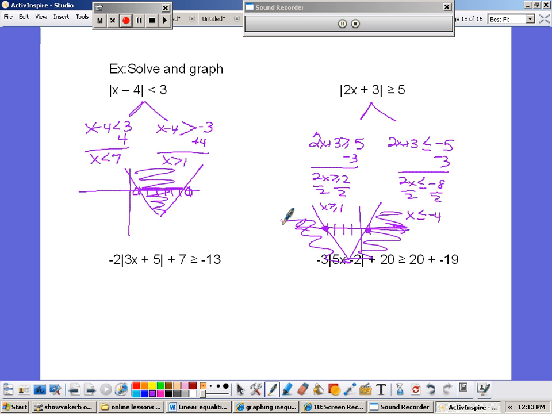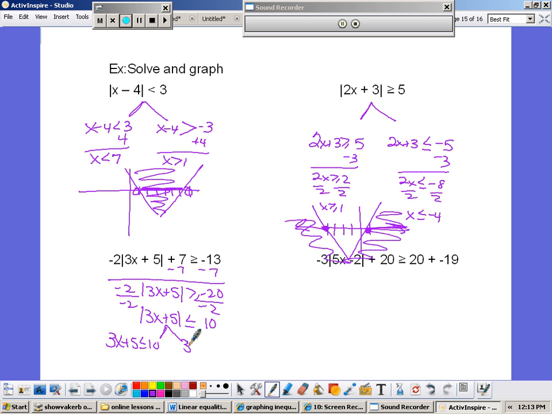Okay, do not distribute in. You need to move everything away from the absolute value before you can begin. Now I see a negative on the absolute value, but it's not by itself yet, so don't assume there's no answer. So the absolute value of 3x plus 5, switch the sign because I divided by a negative number, is less than or equal to 10. Now I split them. 3x plus 5 is less than or equal to 10, and 3x plus 5 is greater than or equal to negative 10.